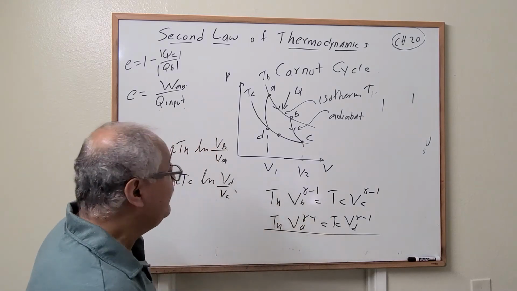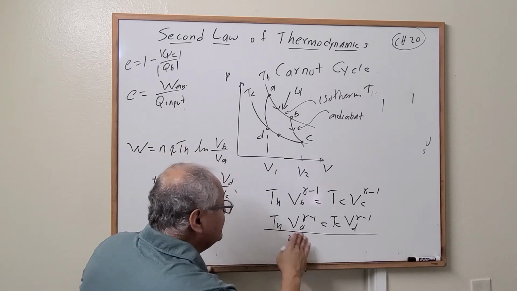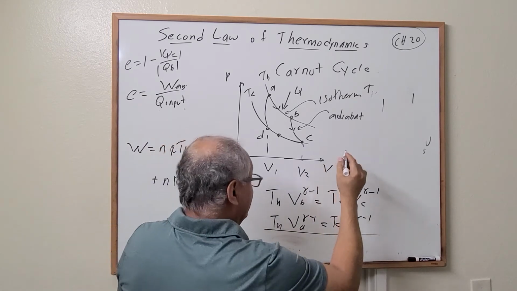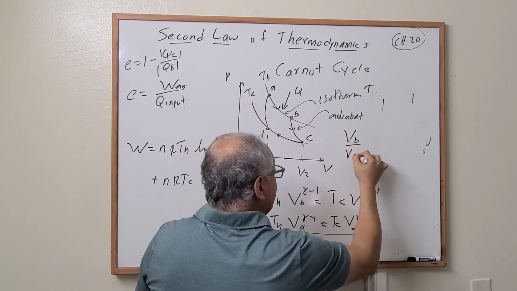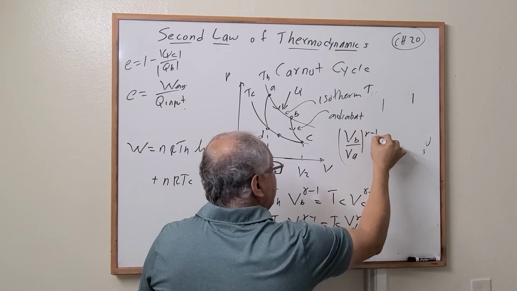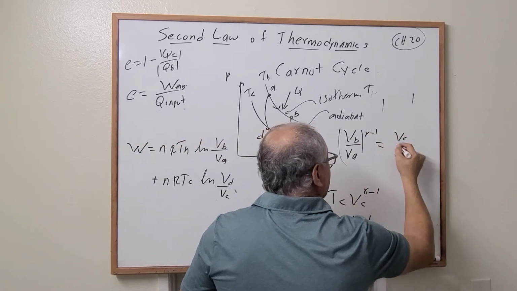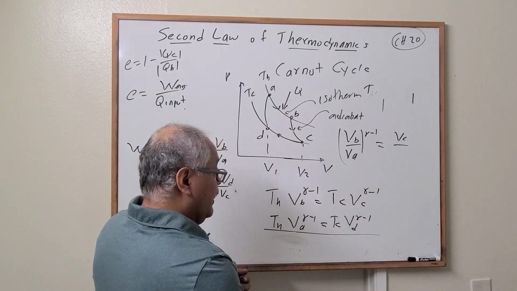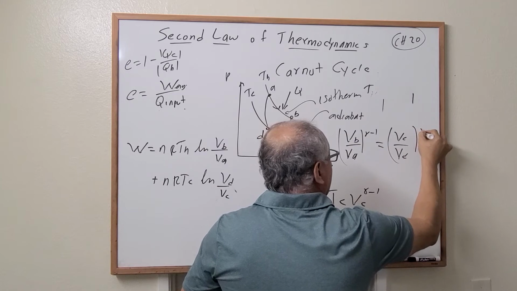And what do we have? Well, right here, VB over VA to the gamma minus 1 is equal to Vc over Vd to the gamma minus 1.